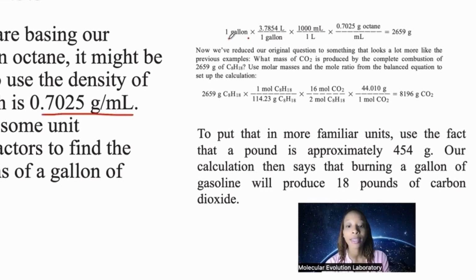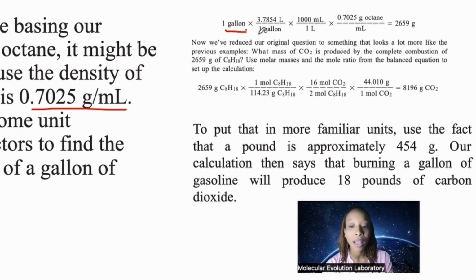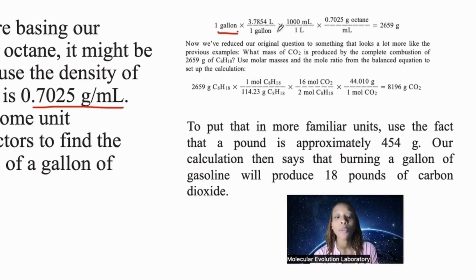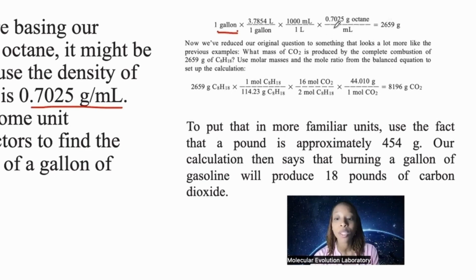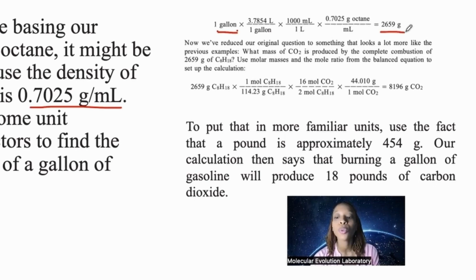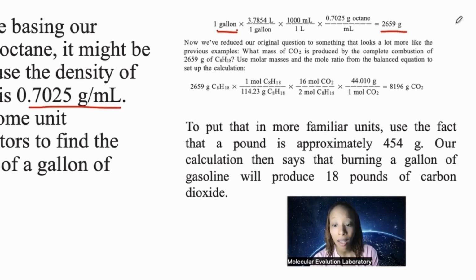One gallon in liters is 3.78, times 1000 mL per 1 liter, times the density of octane, which is 0.725 gram per mL. This basically gives you 2659 grams in 1 gallon of octane.